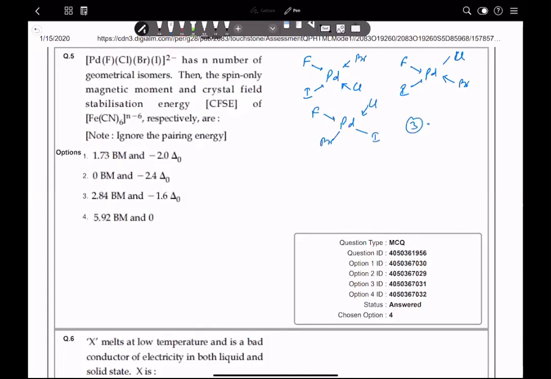So 3 geometrical isomers, and so n becomes 3 over here, and the compound given is Fe(CN)6 3 minus. Fe(CN)6 3 minus means iron is in +3 oxidation state here. Its configuration is d5, CN minus strong field ligand again.